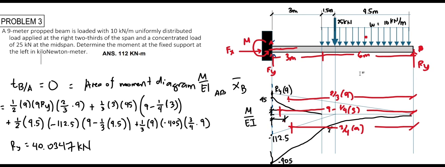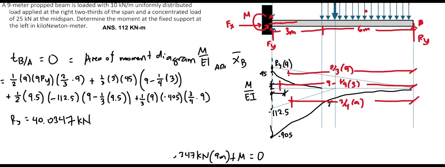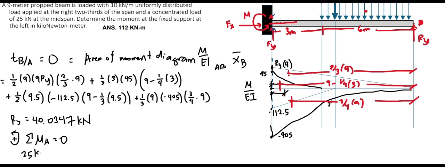kilonewtons. And to solve for the moment at the fixed support, we take summation of moments at point A equal to 0, considering counterclockwise to be positive. We have the point load of 25 kilonewtons that will induce a clockwise moment, so it's negative, times its moment arm distance of 4.5 meters, minus the moment induced by the uniform load, 10 kilonewton per meter, times the distance of 6 meters, multiplied by the moment arm distance from point A to the centroid, equal to 6 meters.